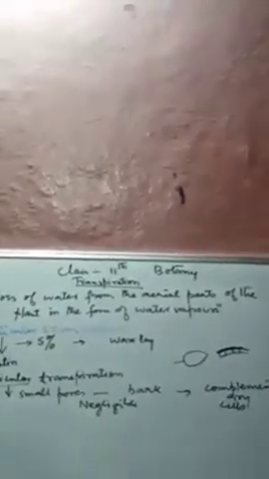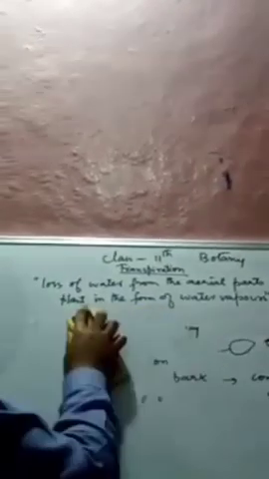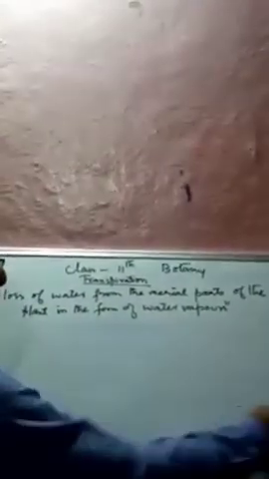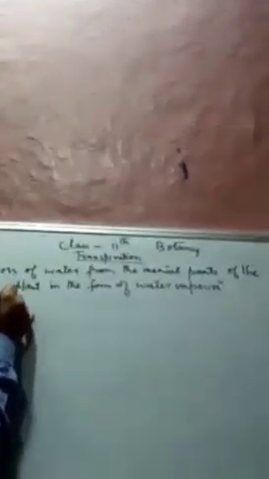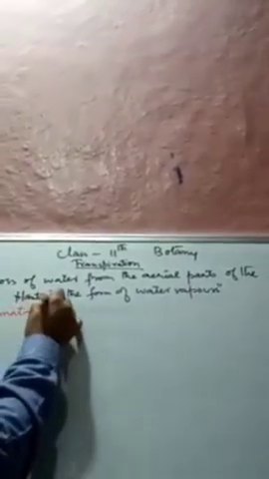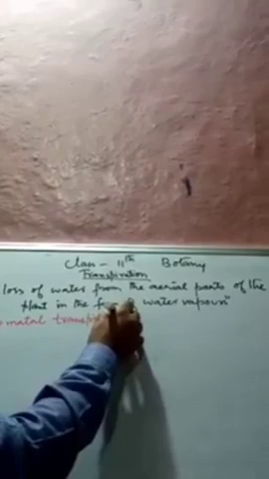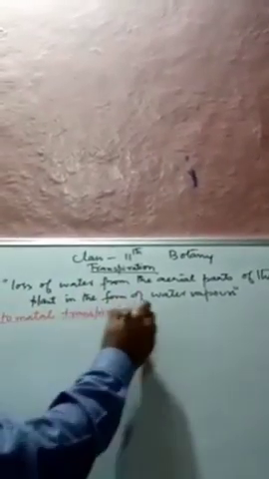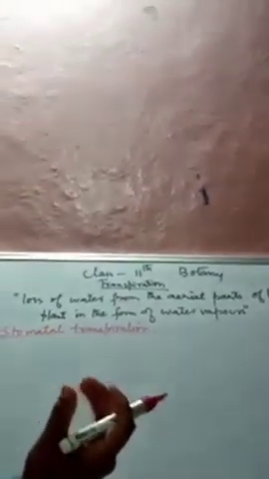Now the main one which plays an important role in the loss of water is the stomata, and that type of transpiration is called stomatal transpiration. These stomata are small pores mainly found on the lower surface of the leaves.